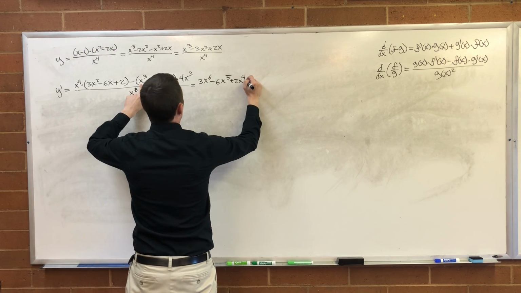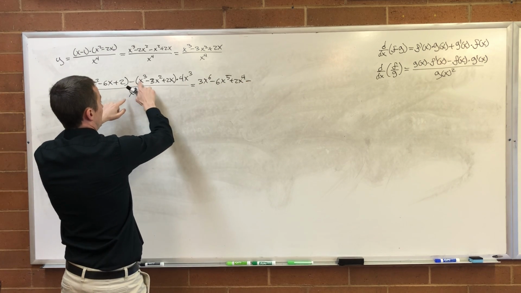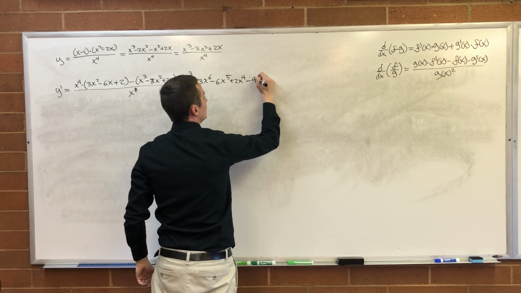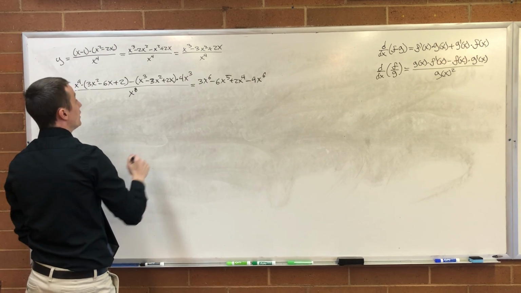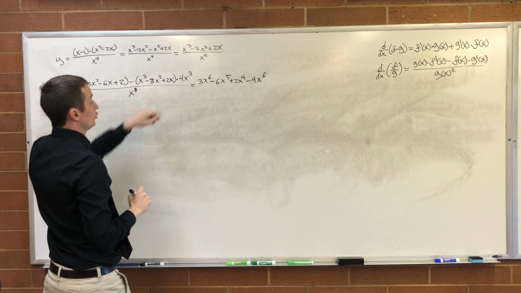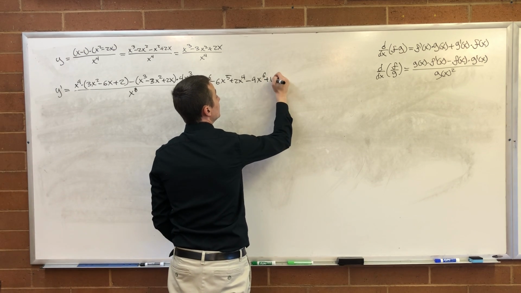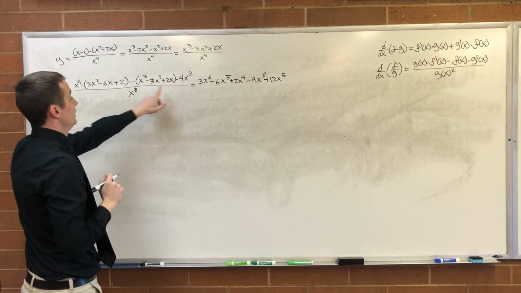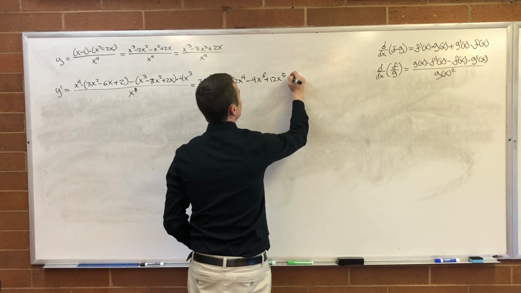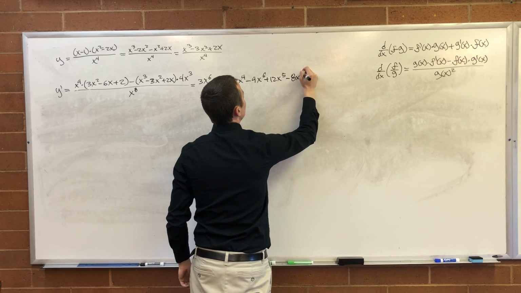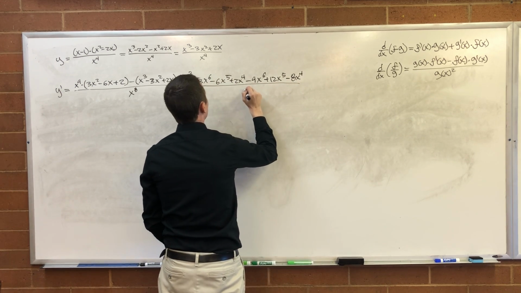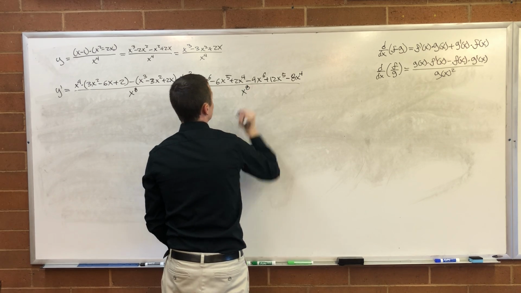We're going to get minus, notice, negative 4x to the 6, plus 12x to the 5, and then minus 8x to the 4th, all over x to the 8.